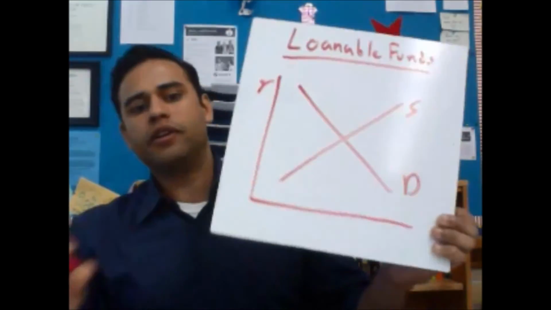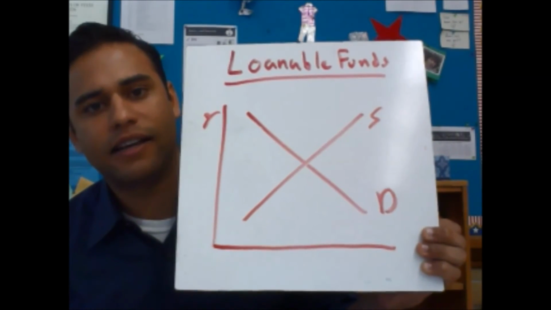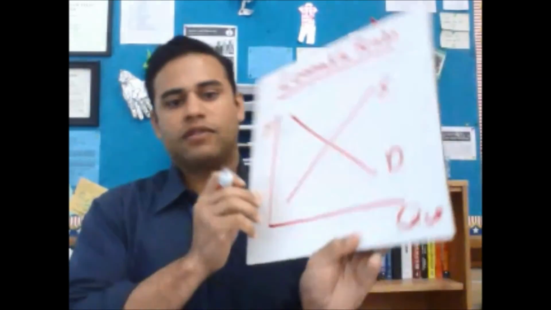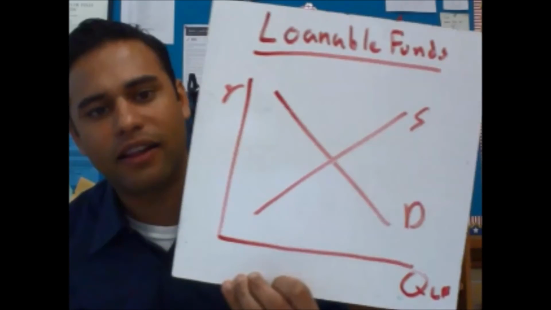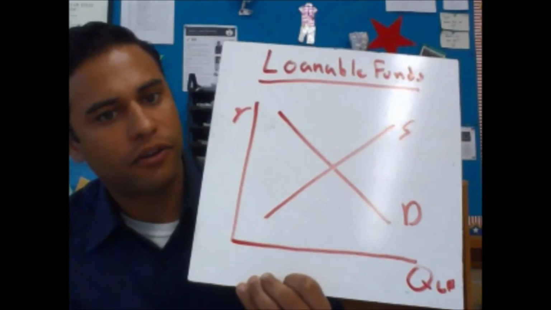Loans are no different than any other thing. It could be tacos, but this time it's loans. And so the cost of a loan is the real interest rate. So real interest rate is our price, and we have supply and demand, just that classic X in the middle. And then, of course, you have the quantity of loanable funds, a Q subscript with LF. So you have the supply and demand of loanable funds.